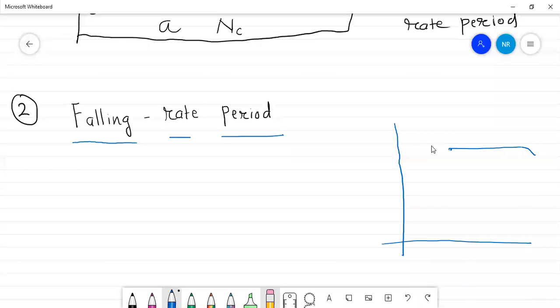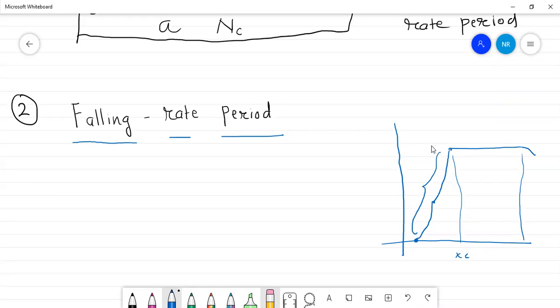This is one graph. The constant rate period from here to Xc we derived. Now this falling part we have to see. There are two cases for this falling part.